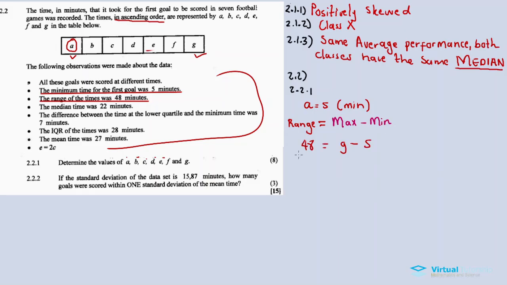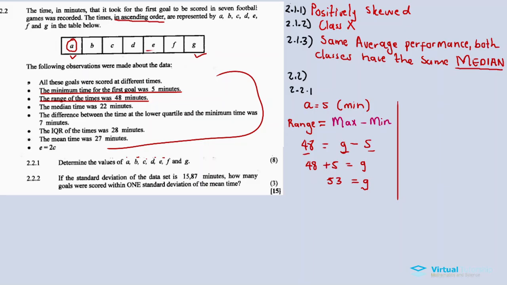You transpose the 5 to the left, it becomes a positive 5, and 48 plus 5 is equal to 53. So G is equal to 53. Okay, let us continue.